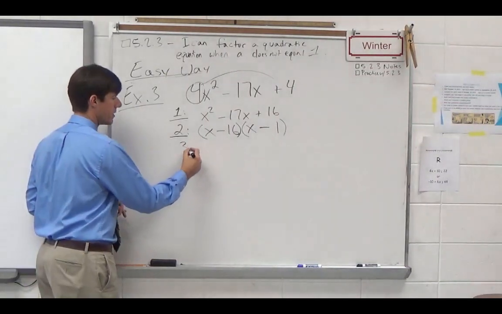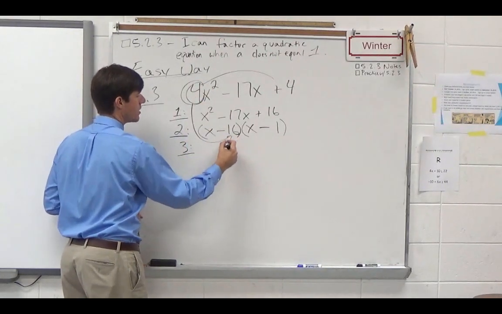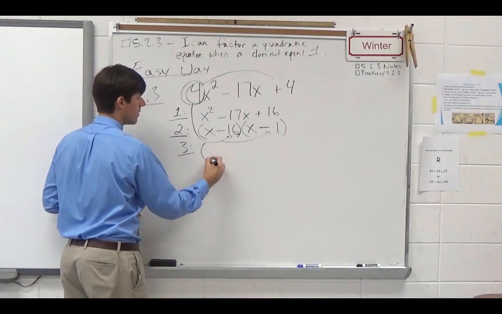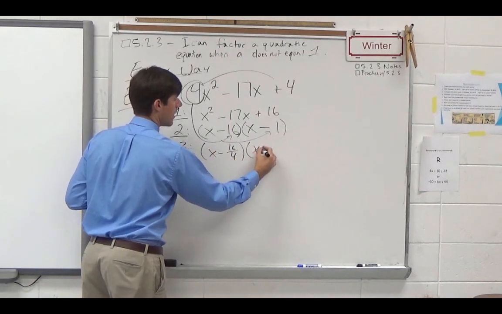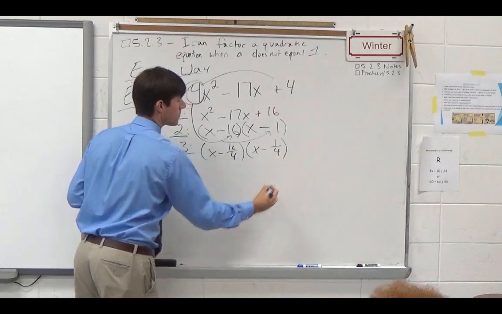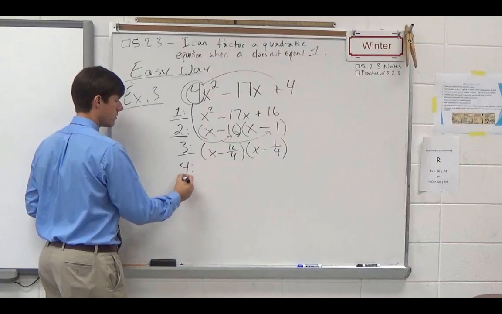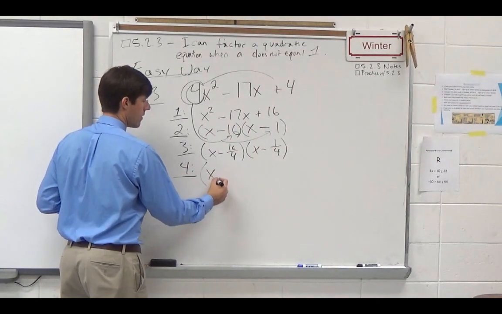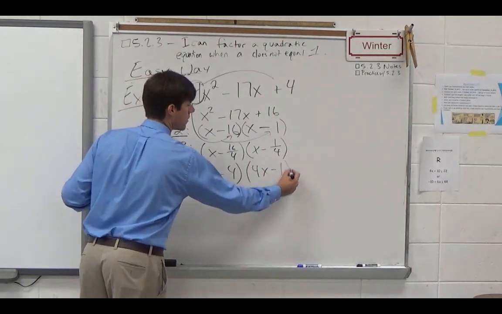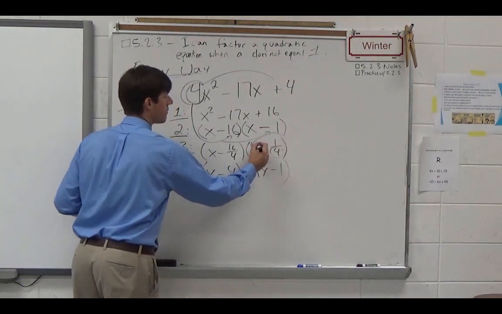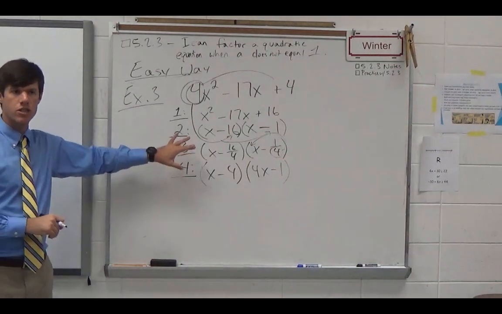Step 3 tells me I'm going to take that leading coefficient and divide. x minus 16 over 4, x minus 1 over 4. Do they reduce? x minus 4 and 4x minus 1. Remember, I take that bottom guy and bring it out front. 4x minus 1. Questions?